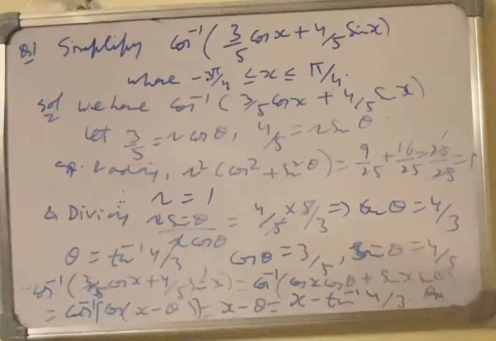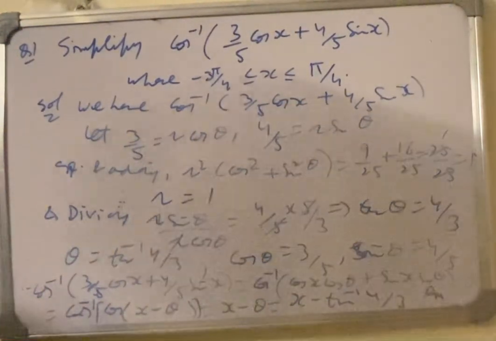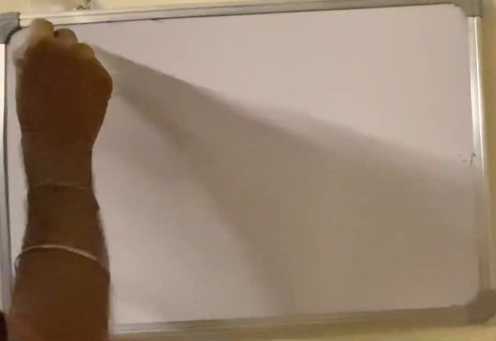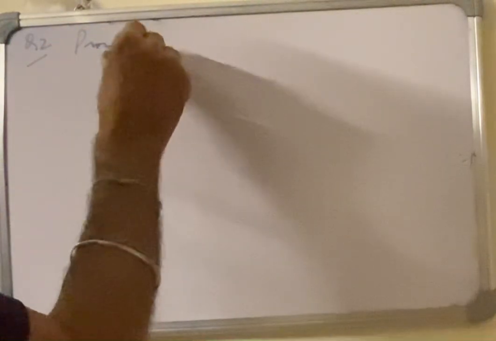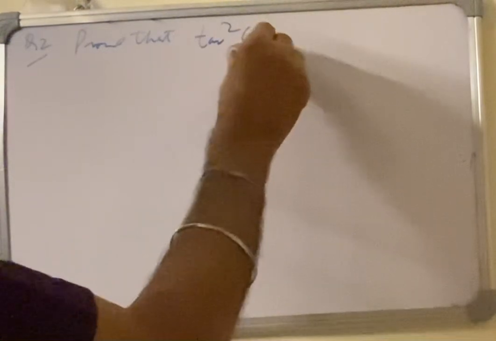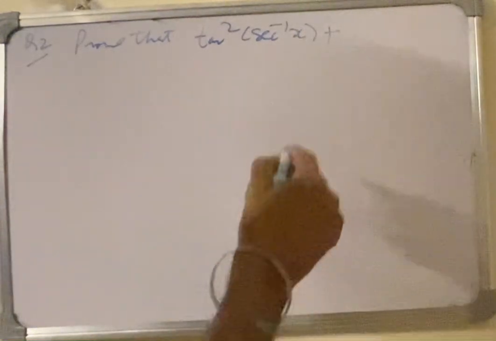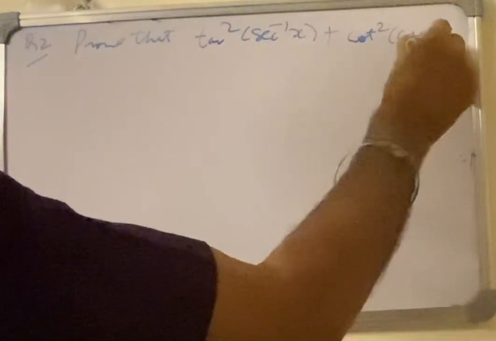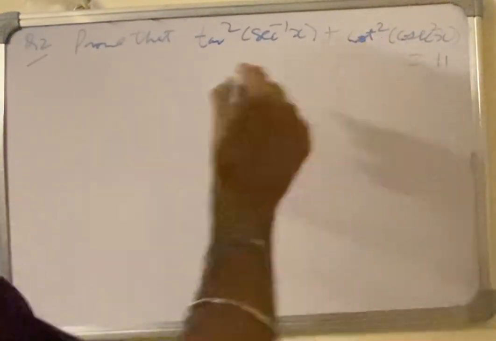Second question. Prove that tan square secant inverse x plus cot square cosecant inverse x is equal to 11.